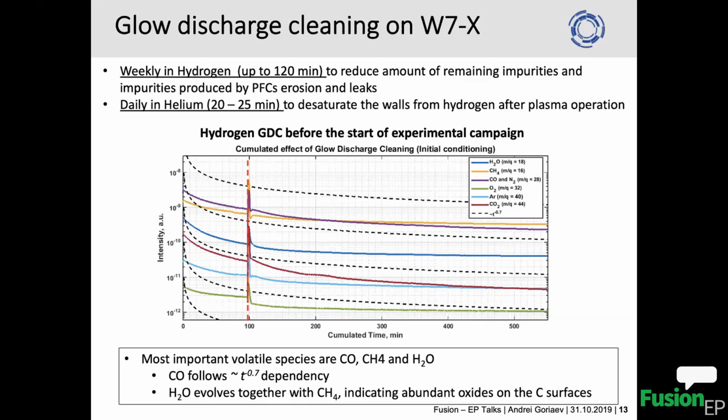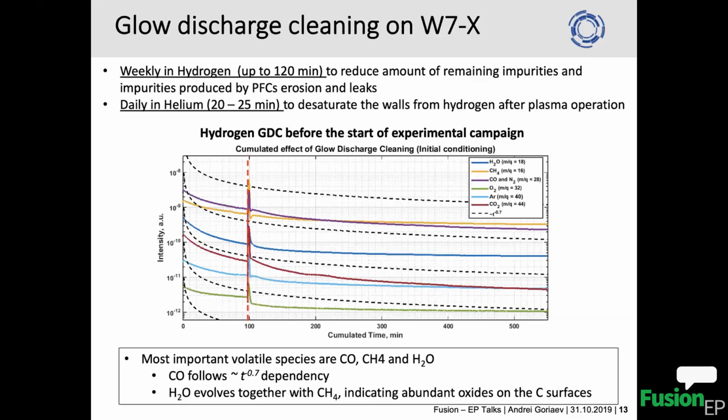So you can also see some trends, and you can see the cumulative effect of glow discharge. Here, for instance, glow discharge cleaning before the plasma operation was done in 2 sessions with a break of 1 week. And as I told you, there is a cumulative effect.